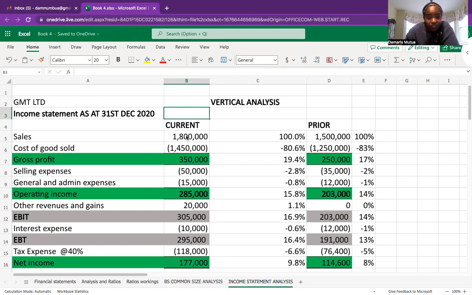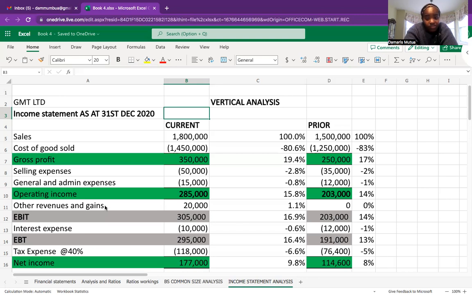So the sales of the organization, the cost of sales, the gross profit, the selling expenses, the admin expenses, operating income, other revenues and gains. Maybe this organization has foreign exchange gains. We could dispose some fixed assets, the PPE, at a gain. Those are some of the sources of the revenues and gains.